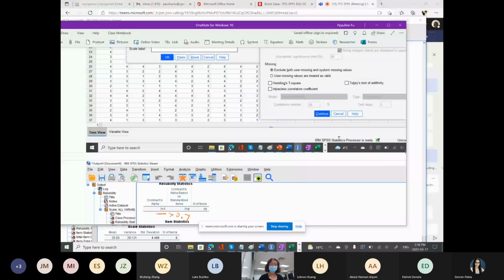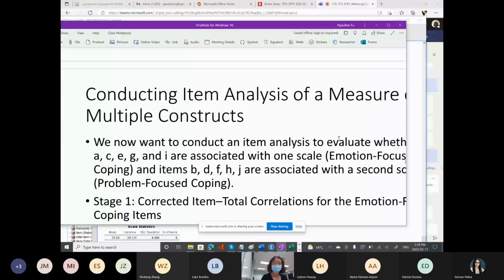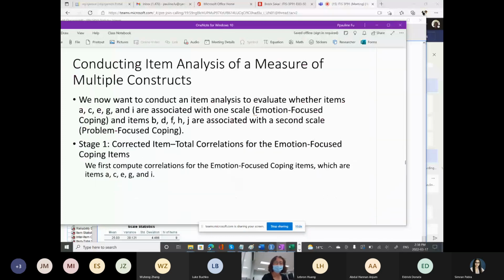To construct emotion focused and problem focused, you need to remember which item belongs to which. ACEGI is emotion focused. And then BDFHJ is problem focused. There are total 4 stages.